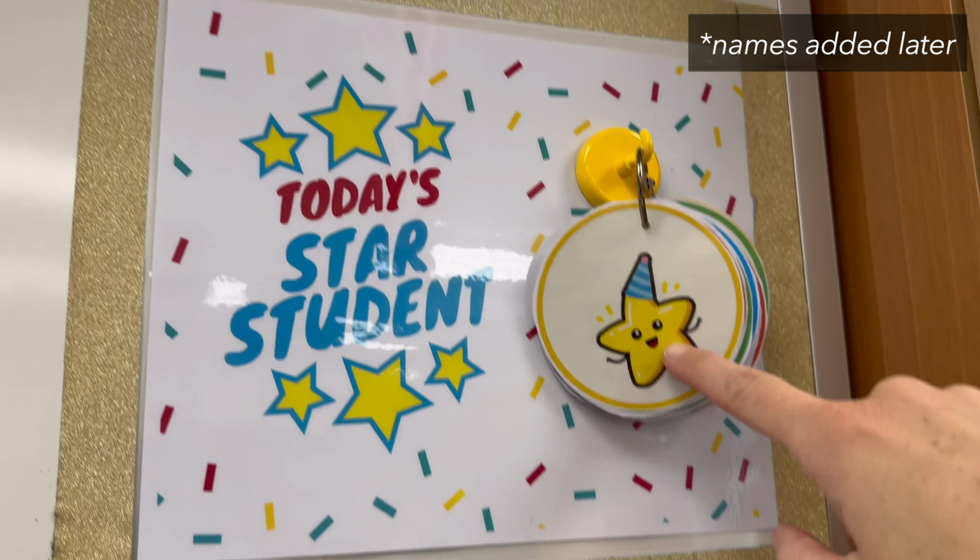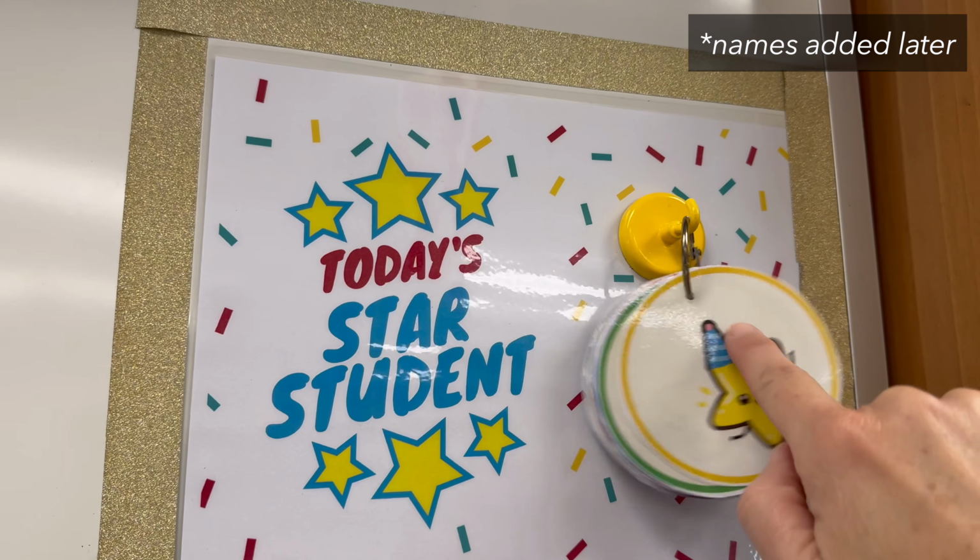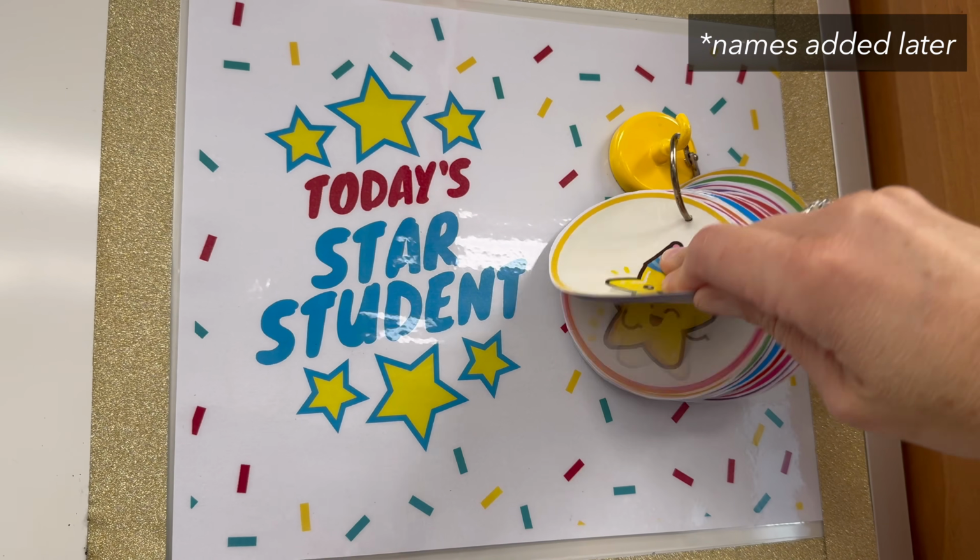So I don't have class jobs. What I do is every day I select a star student, and it's randomized. Their names are just on a ring, and I just pick the next kid because I've pre-shuffled them. That kid does basically the jobs for the day, whether it's passing out papers, collecting papers, turning off the lights when we exit the classroom, whatever it might be.